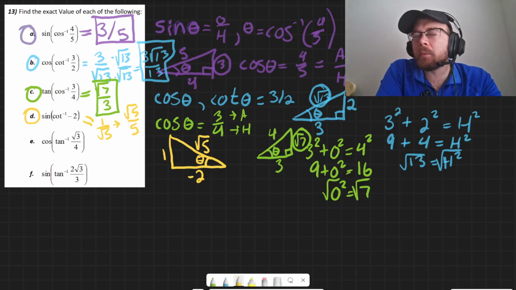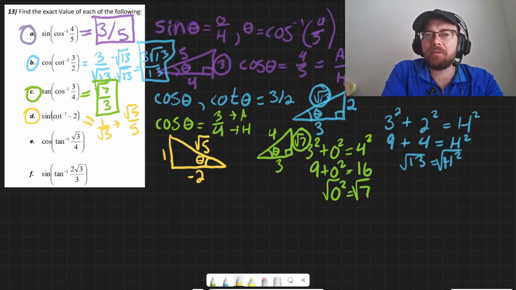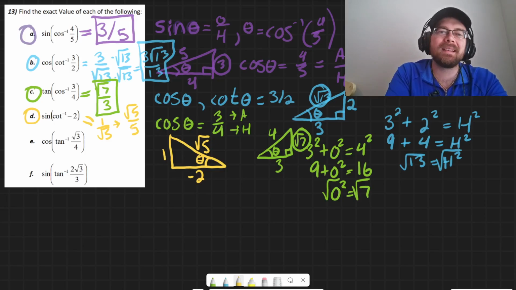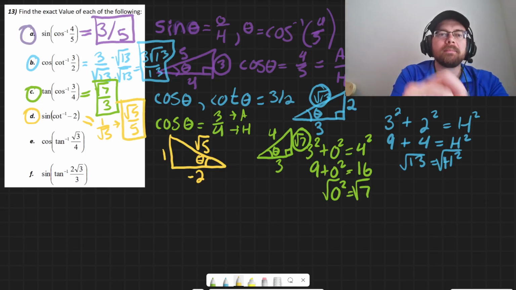That's practically what you're doing. What we're actually doing is timesing the top and the bottom by the square root of 5. But practically, if it helps to think about it that way, just move it up to the top and take off the hat, so to speak. So that's the answer to that one.